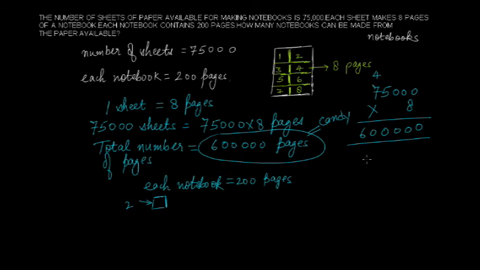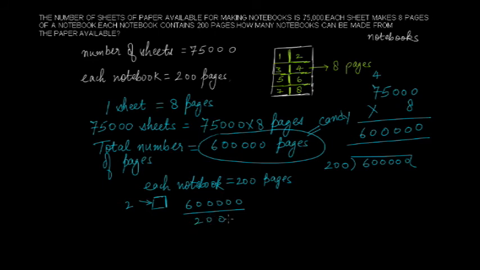So 6 lakh divided by 200, and so the answer will be, 6 with 5 zeros, and 200.